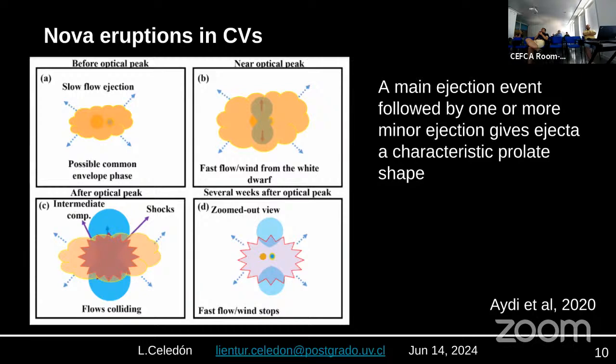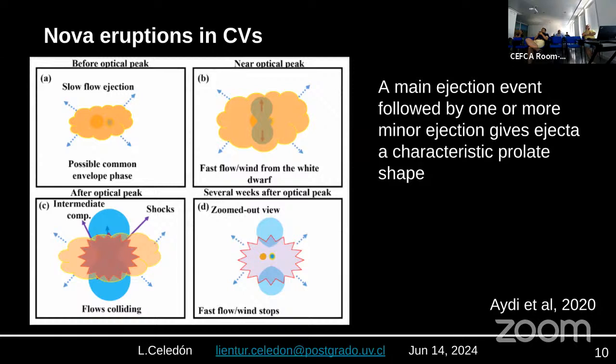And they propose that the eruptions occur in this way. Basically, at the moment of the eruption, after the thermonuclear runaway, a slow flow of material is ejected from the system, preferentially in the orbital plane because of angular momentum conservation. But after that, because the white dwarf is still hot from the eruption, successive ejections will occur.